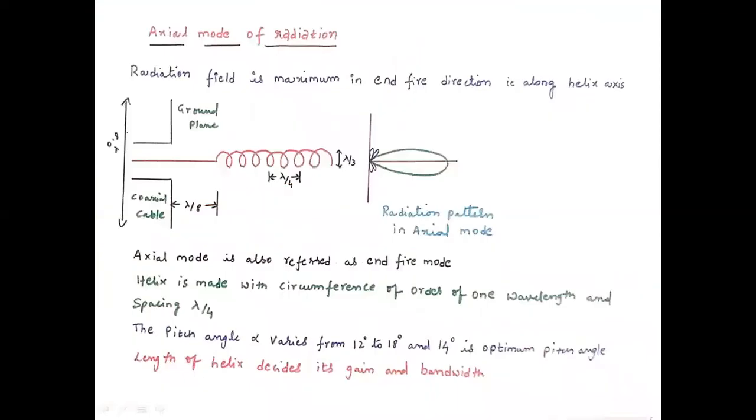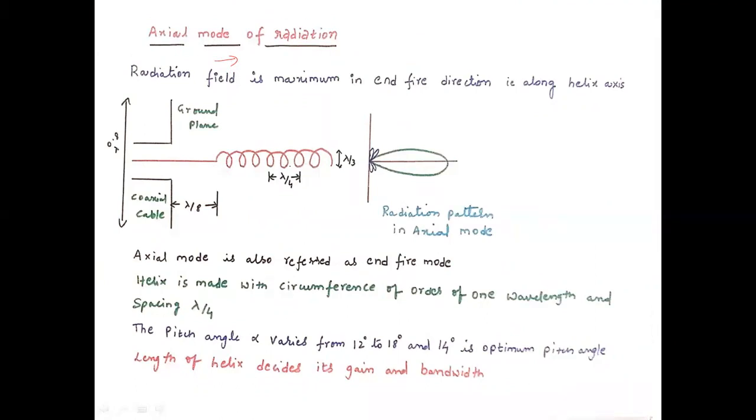So finally, we are going to discuss the axial mode of radiation. Why we are going to this case is, as I already said, in normal mode of operation, as the length or size of the helix is small, the efficiency and bandwidth are low. But in the axial mode of radiation case, the size of the helix is larger.